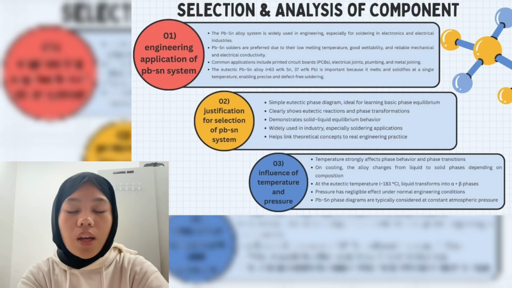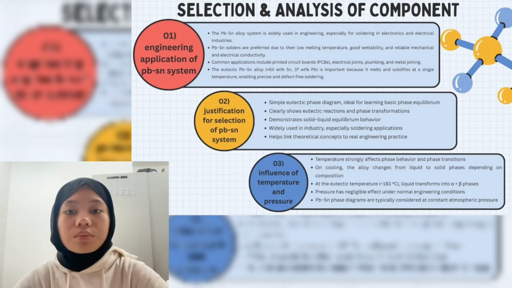This system has a simple eutectic phase diagram, making it ideal for learning and analysis. It clearly shows eutectic reaction, phase transformation, and solid-liquid equilibrium behavior. In addition, PBSN alloys are widely used in real industries, which helps connect theoretical phase diagram concepts to practical engineering applications.